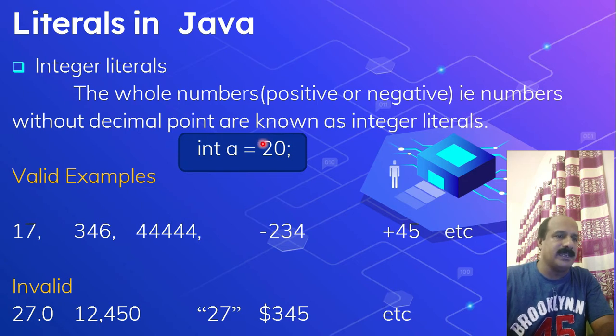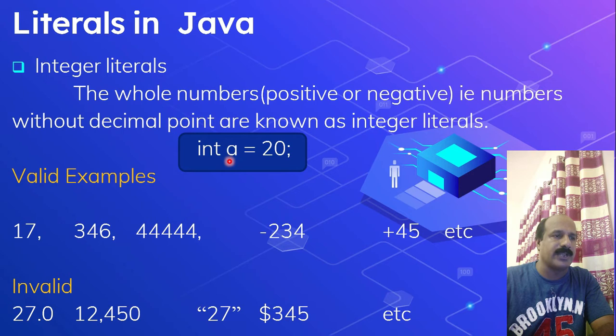See children, over here this is a Java statement. In this, we are going to discuss this part only. This part is called a constant, the value that you are going to store in a memory location. Here, int means it's a data type.